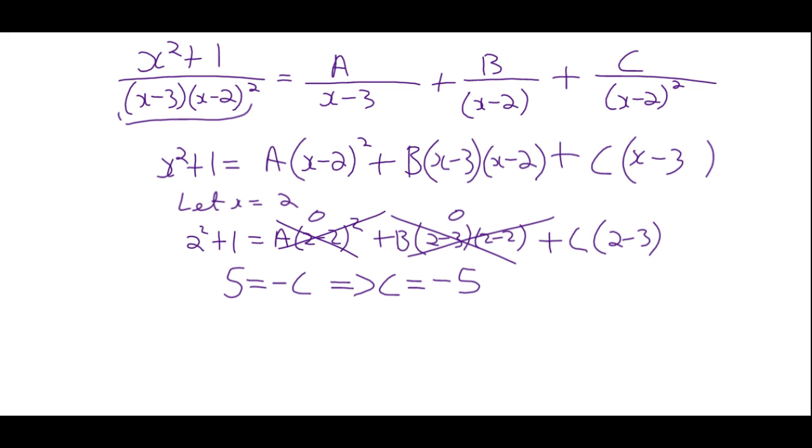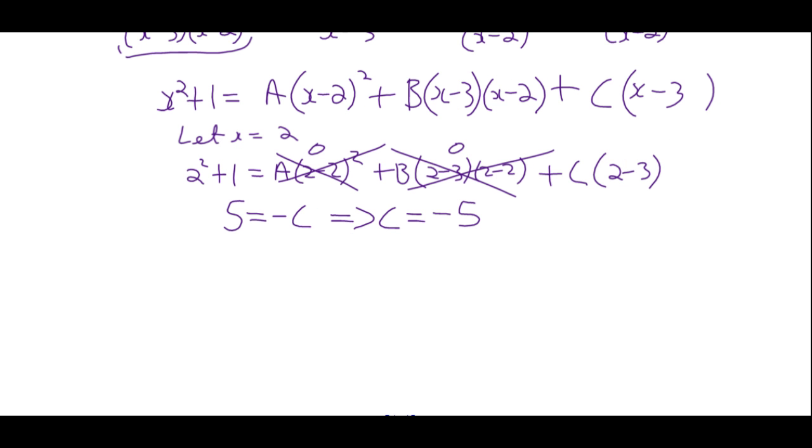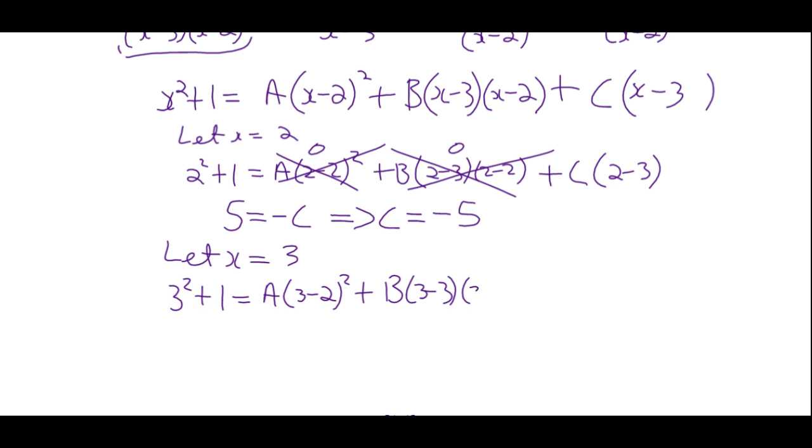What's the next thing we might want x to be? If we make x 3, what are we getting rid of? B and C, which means we will immediately be able to solve for A. So let x equal 3. So 3 squared plus 1 is equal to A times 3 minus 2 squared plus B times 3 minus 3 times 3 minus 2 plus C times 3 minus 3.